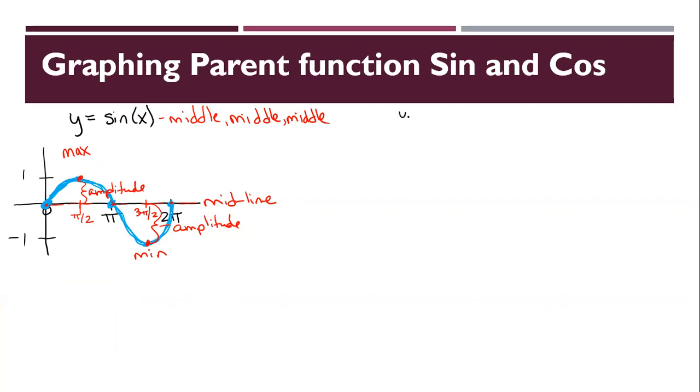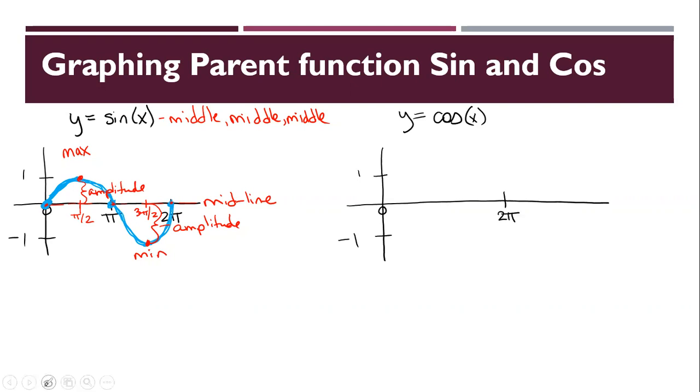And let's look at cosine. Starting at 0, and 1 cycle ends in 2 pi.